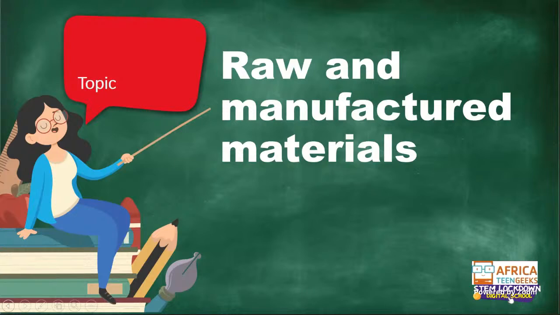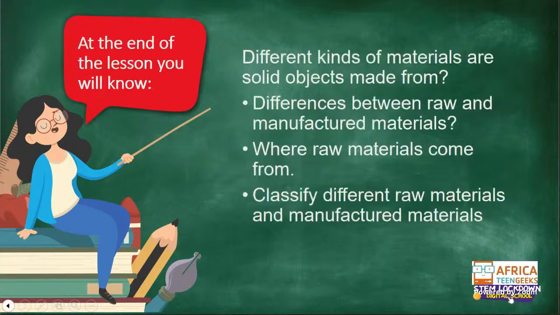The lesson objectives: at the end of the lesson, you should be able to know the different kinds of materials that solid objects are made from, know the differences between raw and manufactured materials, know where raw materials come from, and lastly, classify different types of materials when you are given them.